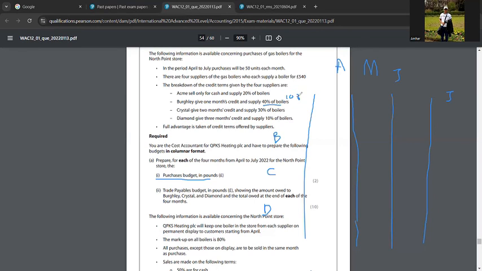And 27,000 into 30% will give you 8,100. And 27,000 into 10% will give you 2,700. You also have got the correct answer, but it's a different method.